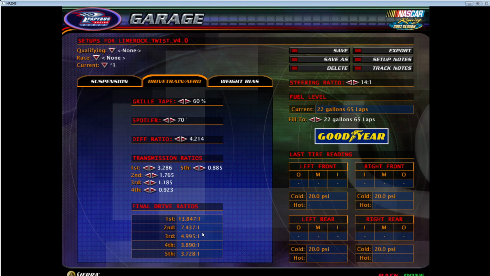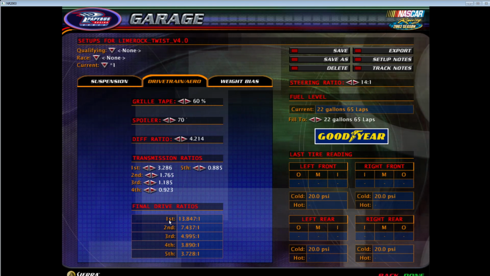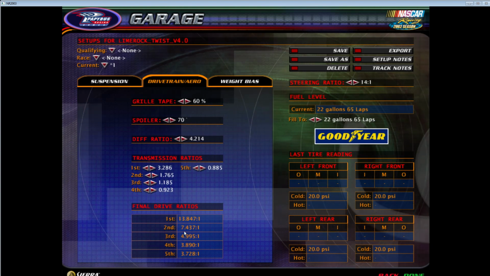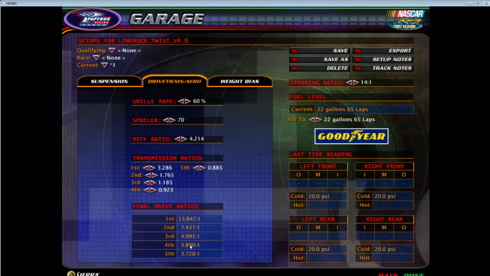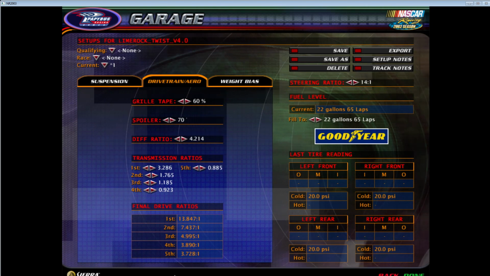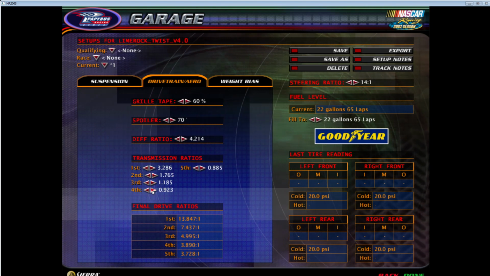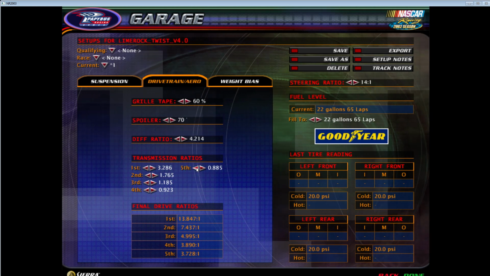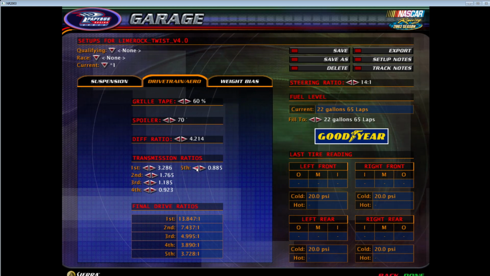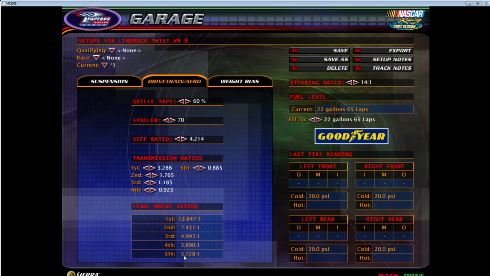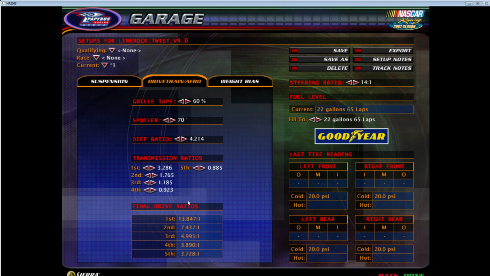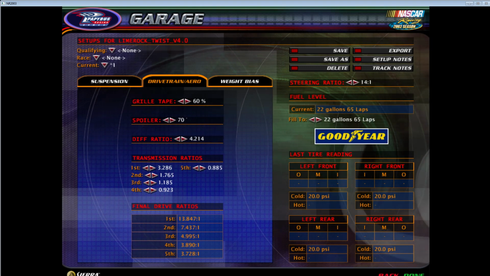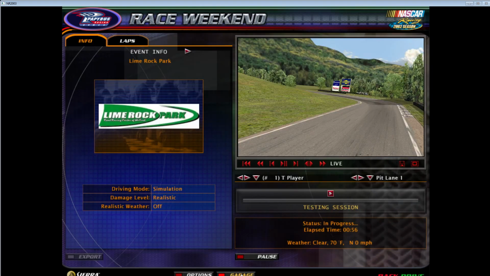I remember them by memory, so we're just gonna go and review them like that. 13.8, 7.5, 5.0, 3.8, and these are rough because you cannot get them exactly, because these are not Honda gear ratios, obviously. And you see the 5th gear, I cannot make the 5th gear any lower than 0.885. So the lowest I could go with it is 3.7. I cannot do the 2.9 that I promised before, just like when we were reviewing the tech details.